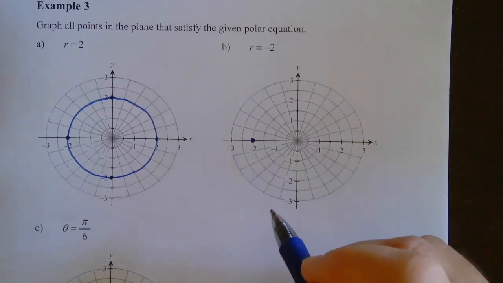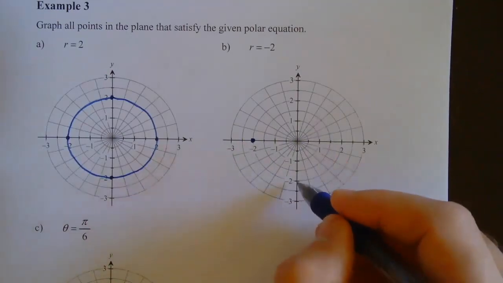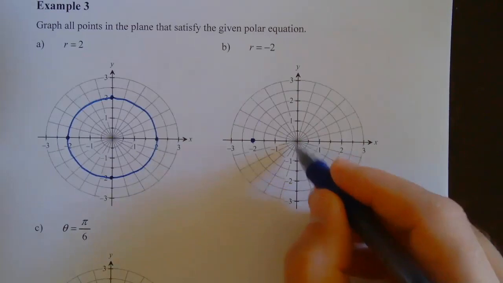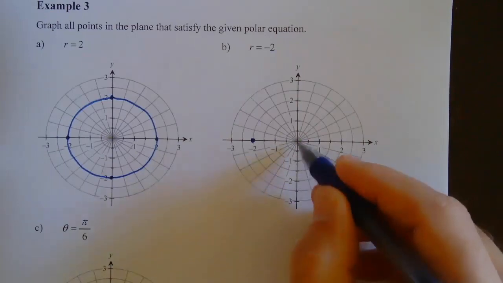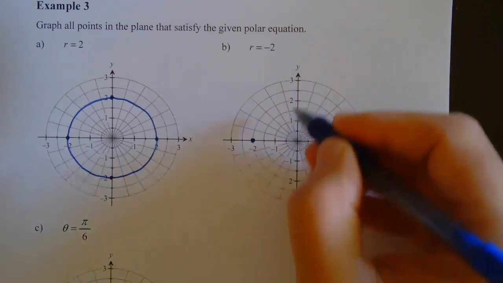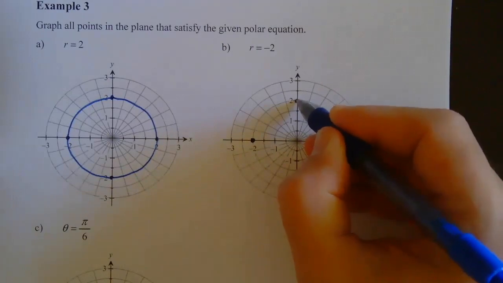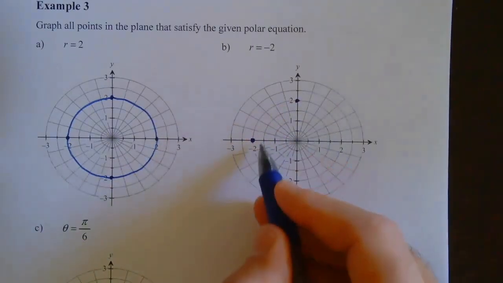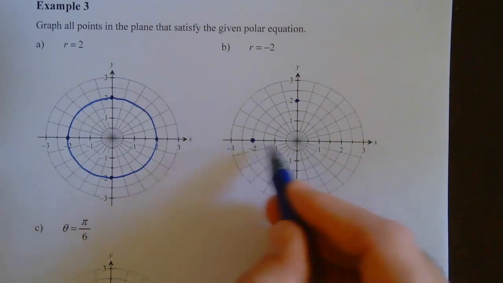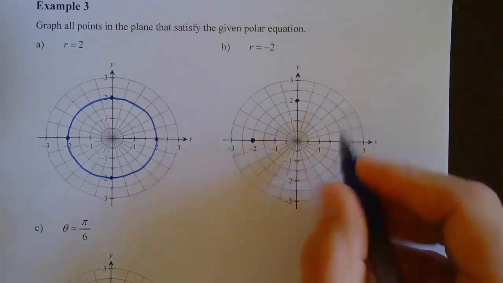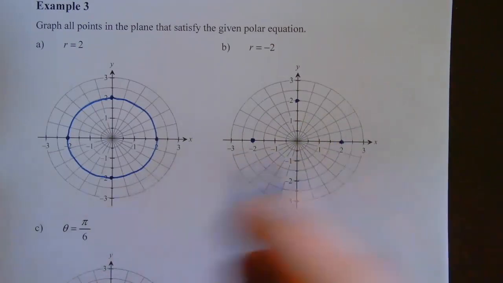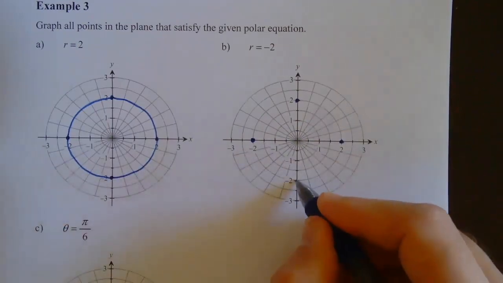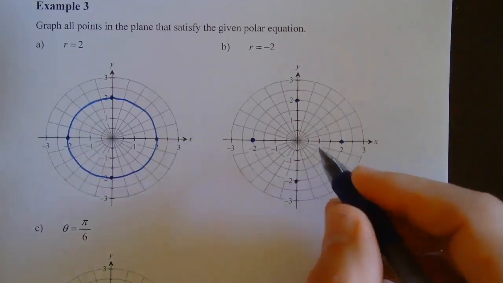Okay, so how about 3 pi over 2 and then have a radius of -2? So 3 pi over 2 down here, right? But if we have a negative radius of 2, that would put us up here. Well, what if we rotate pi with a radius of -2? Well, we rotate pi, right? And then we want to go -2. So instead of going this direction, we're going to go in the opposite direction, right? Guess what? It's the same line. It's going to be this circle with radius 2, okay?